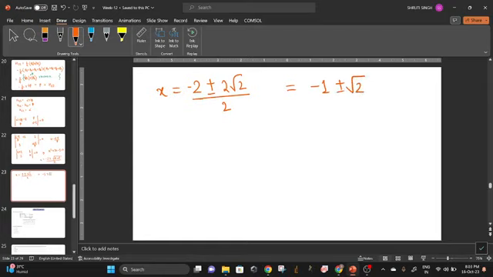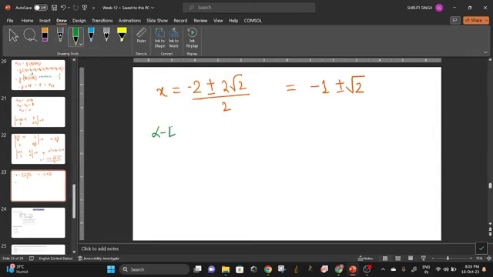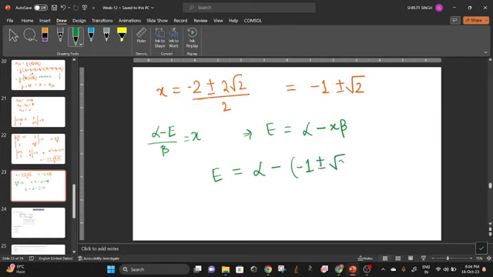This is the value of x, not the value of energy. Energy was: alpha minus E by beta is equal to x, so E is equal to alpha minus x times beta, which is alpha minus minus 1 plus minus root 2 times beta.